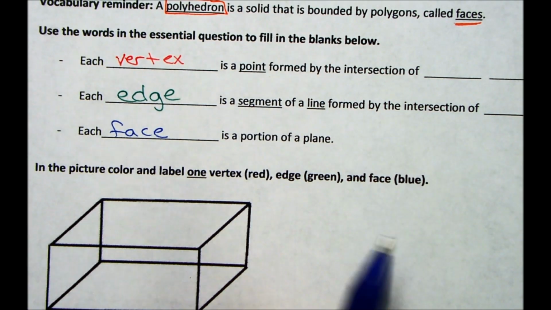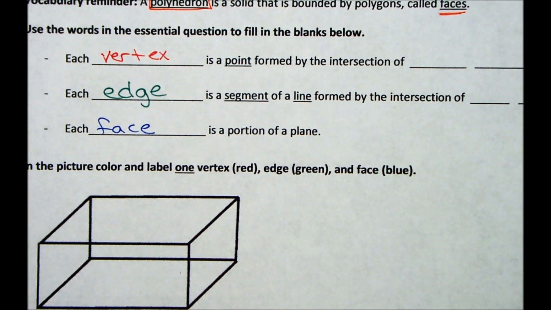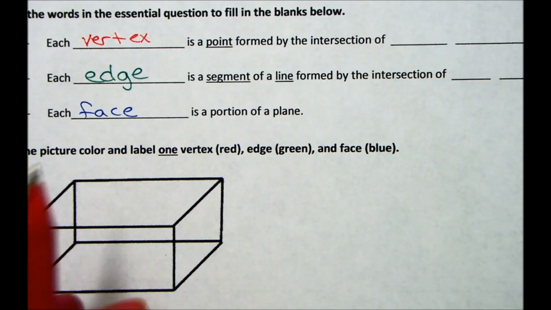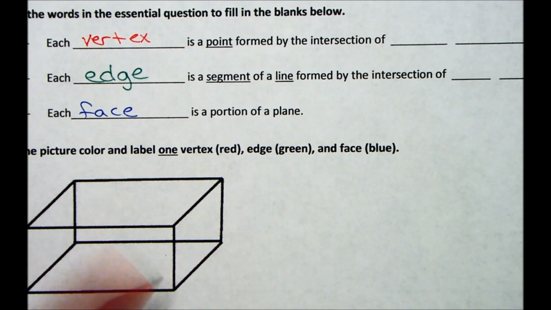So let's fill in the rest of the blanks here. Each vertex is a point formed by the intersection of, well, hopefully in geometry you learned that a point is the intersection of three planes. A vertex is the intersection of three planes. But in a polyhedron, we don't have a full plane. It's just a portion of a plane.